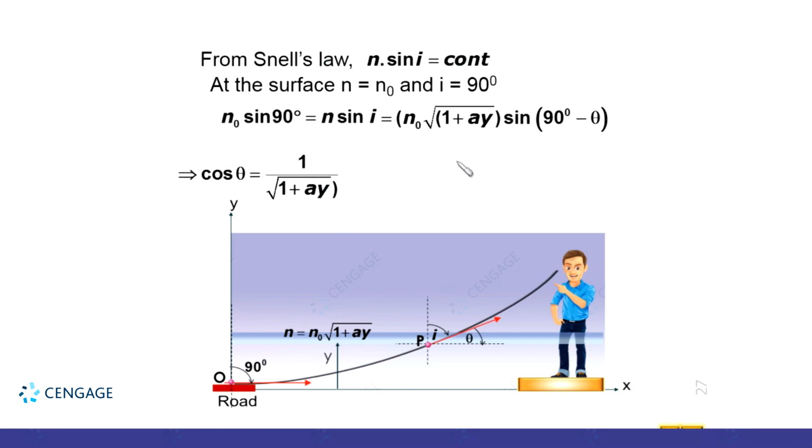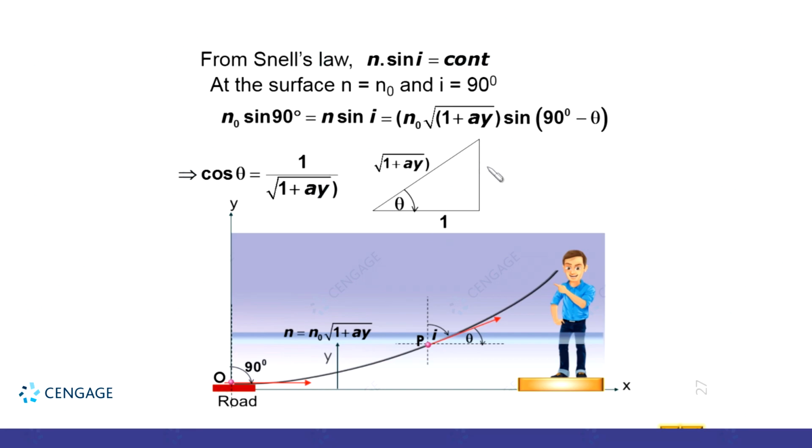Now we can get the value of tan theta from this equation. For this, let us draw a right angle triangle. In this right angle triangle, if we write this angle as theta, so we can say the hypotenuse should be equal to under root 1 plus ay, and base should be equal to 1, right?